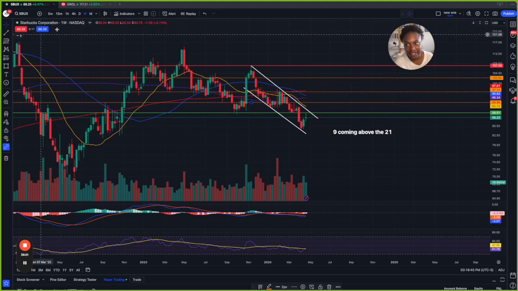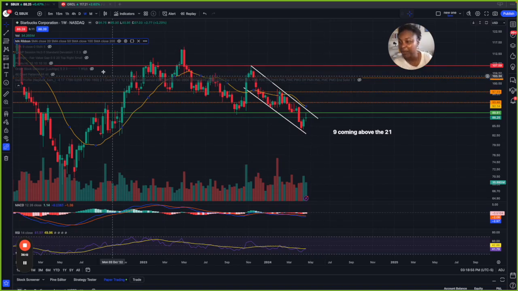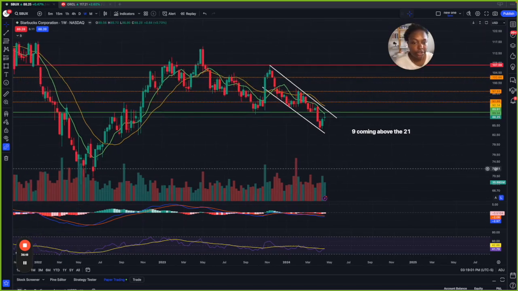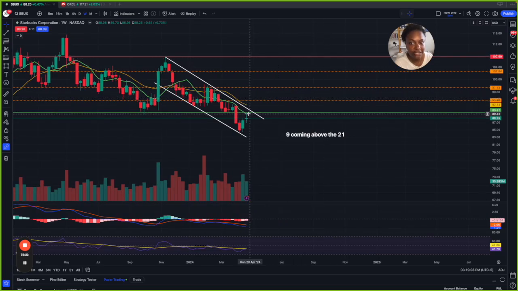However, something I want to show y'all: I'm going to turn off three of the averages on the ribbon, keep the 20, and turn on my 9 MA, which will be this green one. Looking there on the weekly, that's right where we rejected at this zone, the 9 MA.